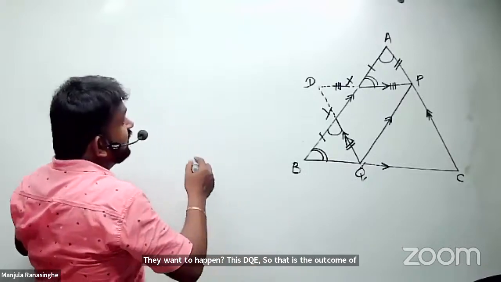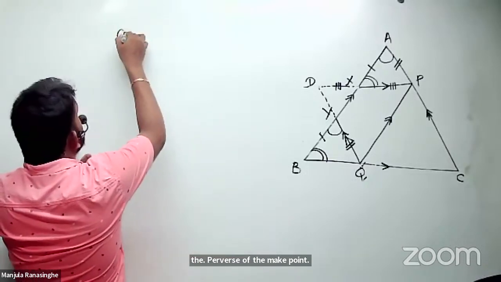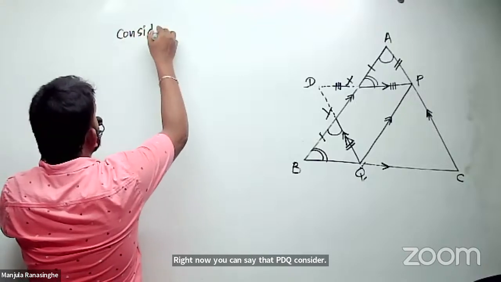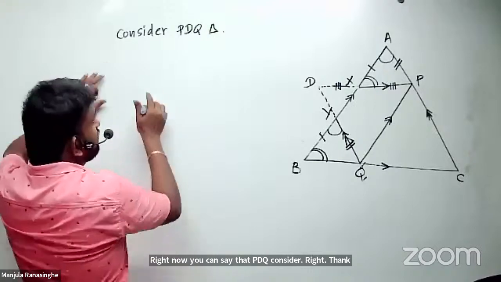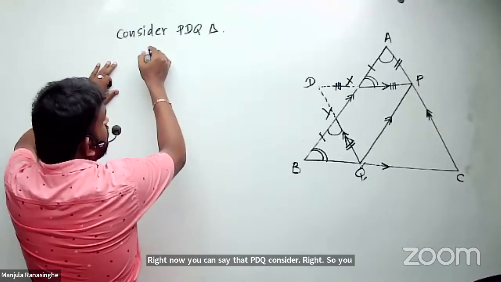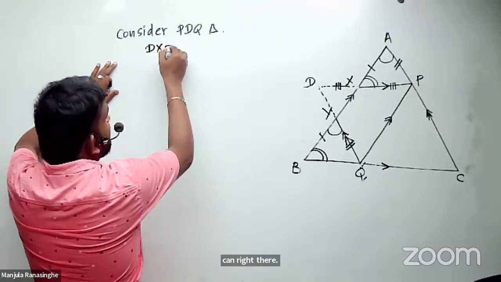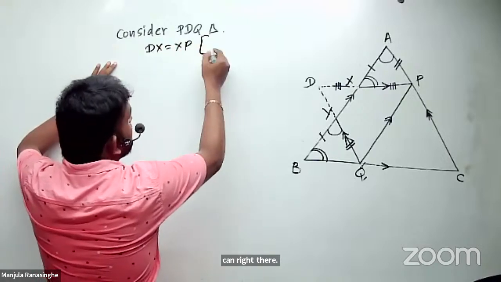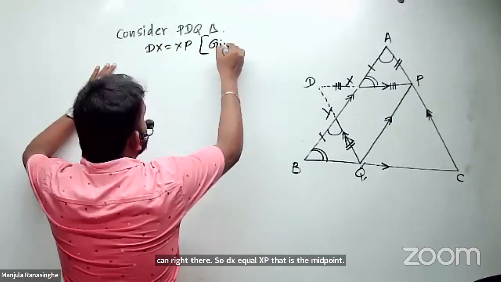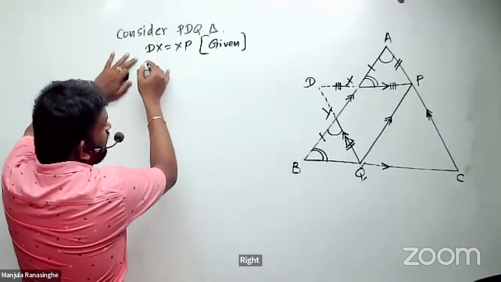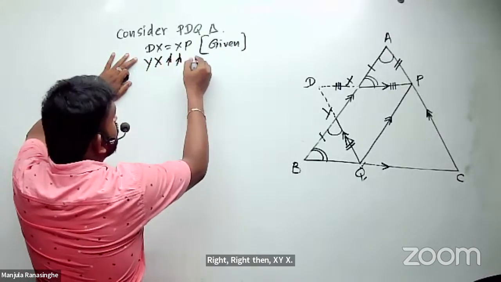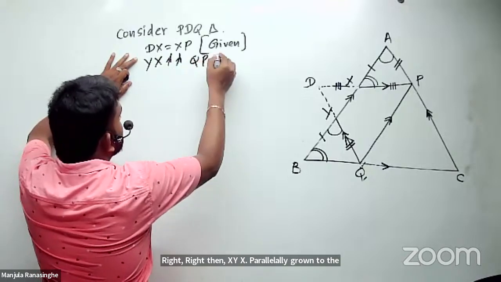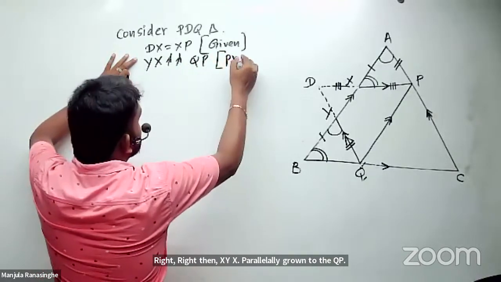Right, now you can say consider the PDQ triangle. So you can write there: DX equals XP, that is the midpoint, given, right? Then YX is parallel to QP, that is also proved.